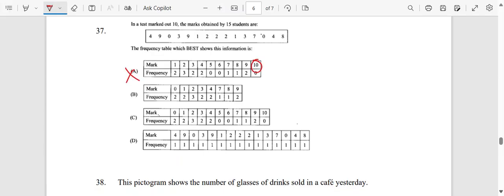It stops at 9. So anything with the 10 cannot be that. This one, it's not done in order. So it cannot be this, because when you structure a frequency table, it has has to be in order. So B would have been our appropriate answer.